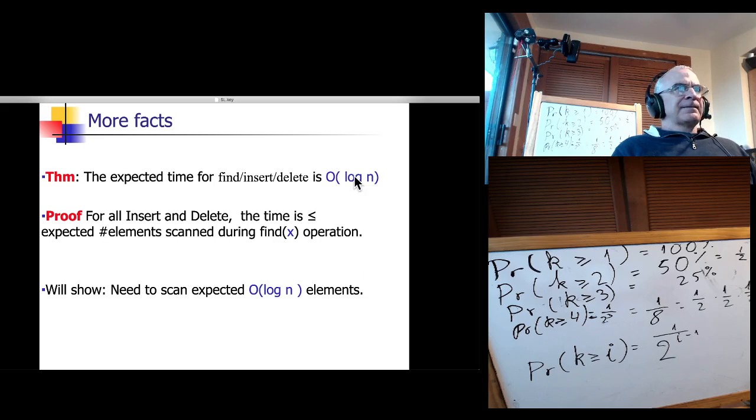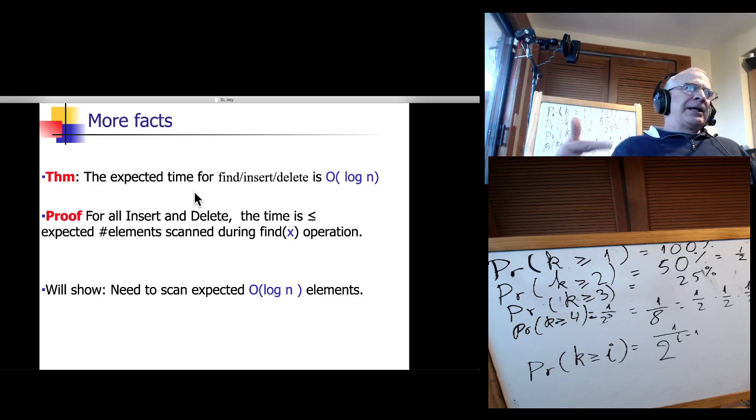In the case of AVL or red-black trees, or 2-3 trees, B trees, the log n was generally easier to prove, and it always holds, not only on some average case, and it came because the height of the tree was log n, and that's why any search path in the tree will have a length of log n. To prove something like this in a skip list, we need to work a bit harder.